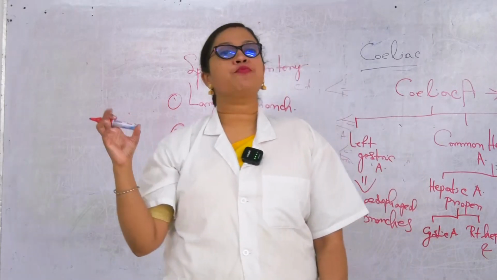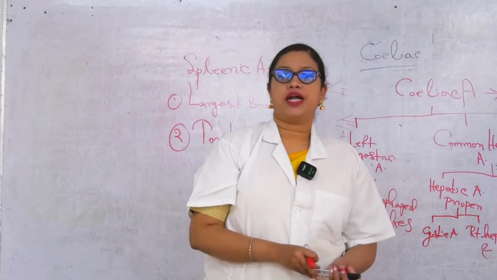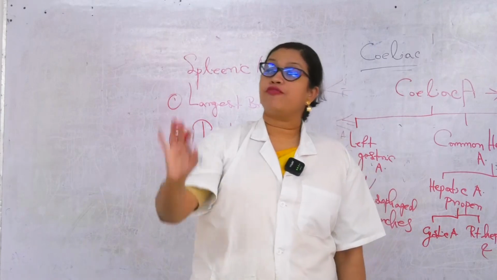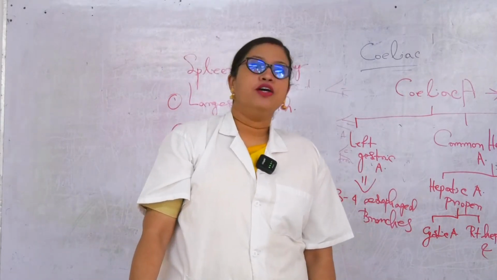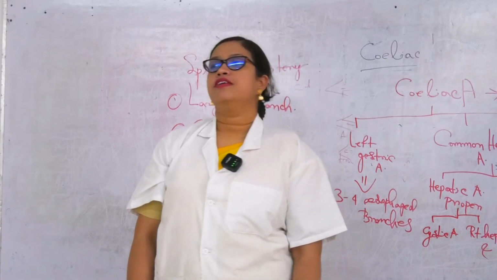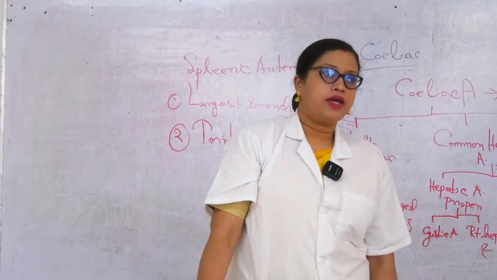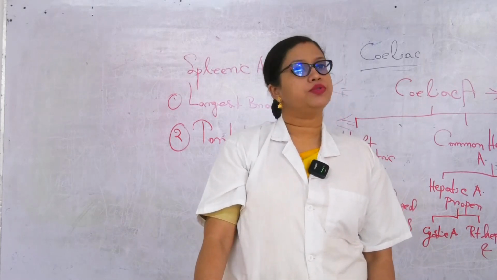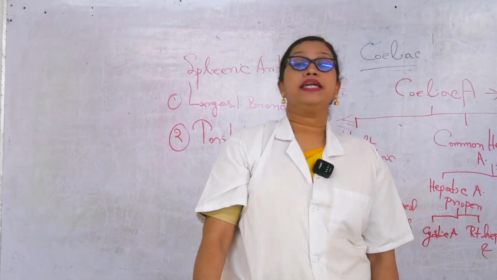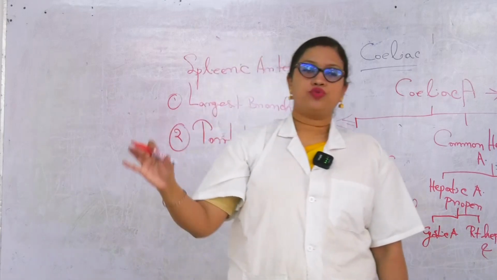So the face needs more blood supply, right? So this is the second example, the facial artery. Who will tell the third one? You told the fourth one. Uterine artery. Okay, write it down. Actually there are 4 tortuous arteries: number 1 splenic artery, second facial artery, third uterine artery, fourth the intercostal artery, which also has a somewhat tortuous course.